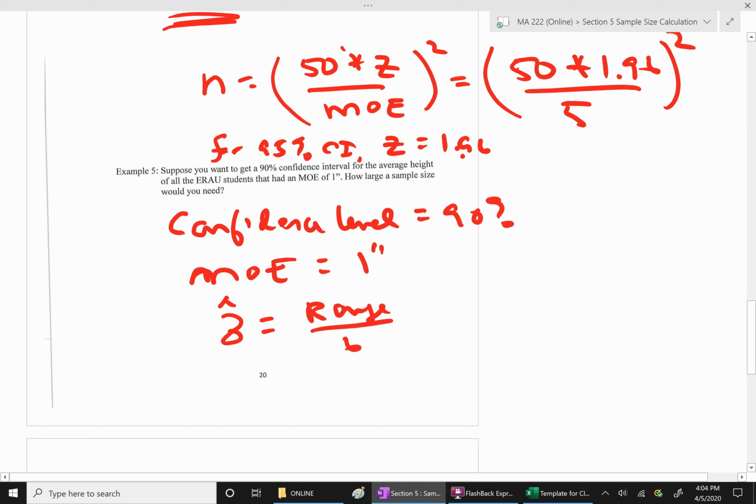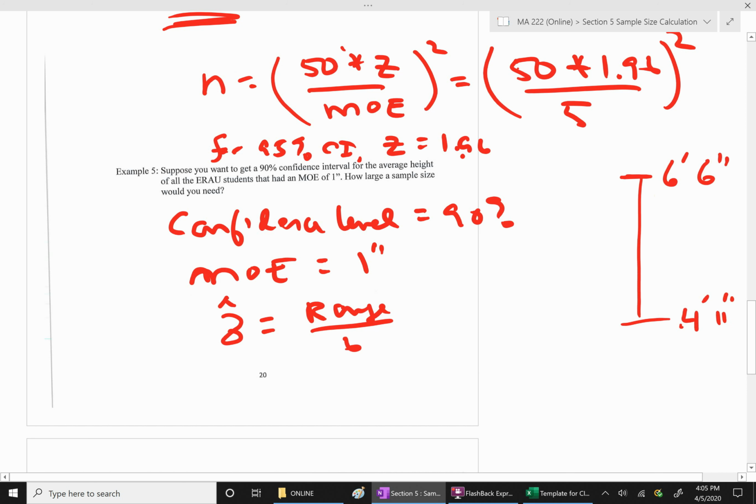Well, what is the range of heights that you'd expect Embry-Riddle students to have? Well, I don't know. It's just kind of like, give a reasonable choice, right? Maybe 6 feet 6 inches to maybe, I don't know, 4 feet 11 inches.